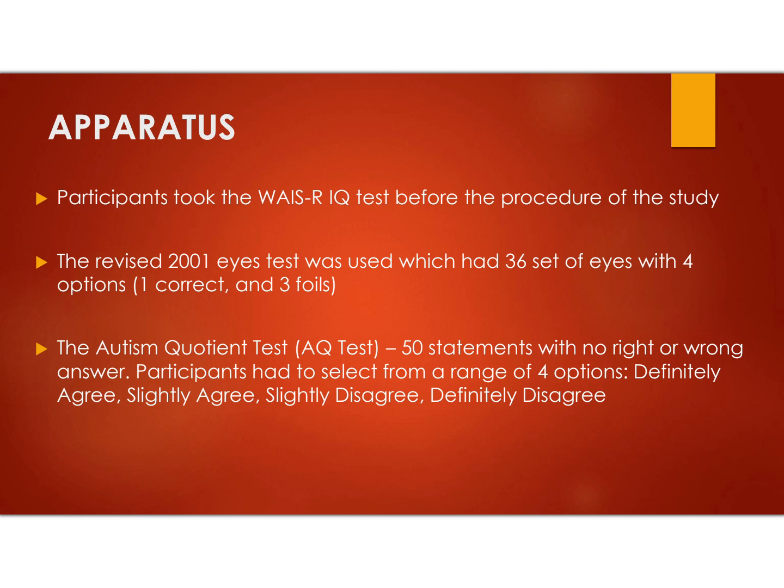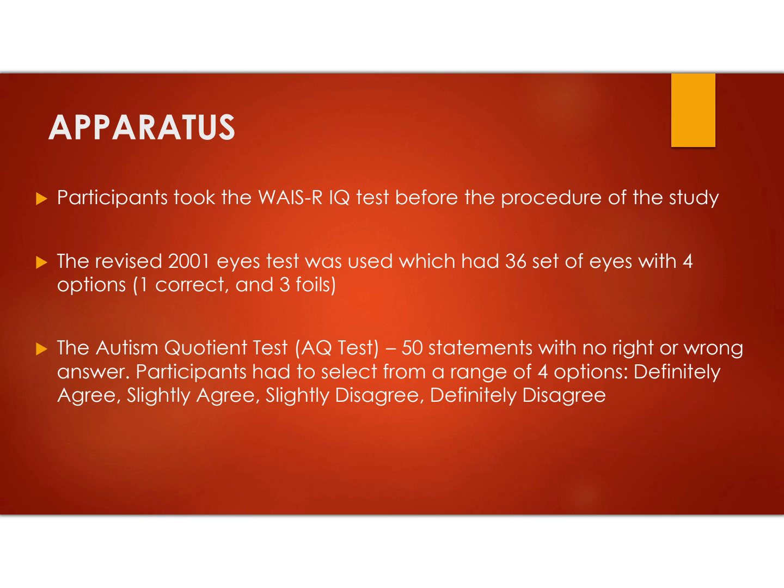It's a Likert scale. The options you have are definitely agree, slightly agree, slightly disagree, and definitely disagree. So there is no right or wrong answer over here. It's just based on your own personality, on what is applicable to you as a person.